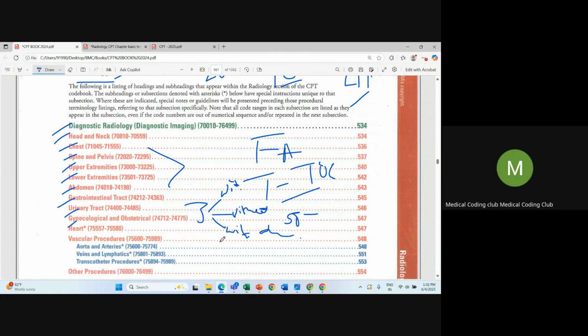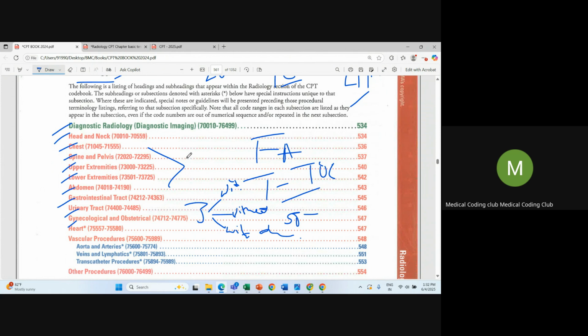So that is without followed by with contrast. For all three locations with respect to CT and MRI, you have to check whether they used contrast material, did not use contrast material, or used without followed by with contrast. You need to check these keywords and then take the code.